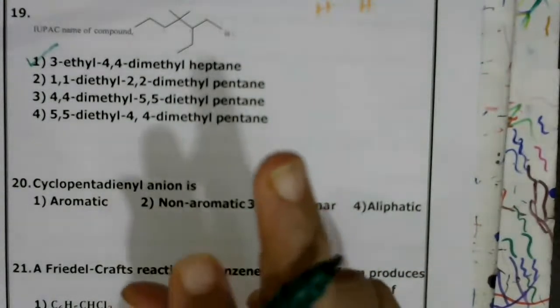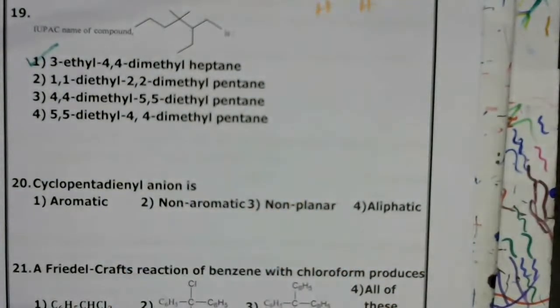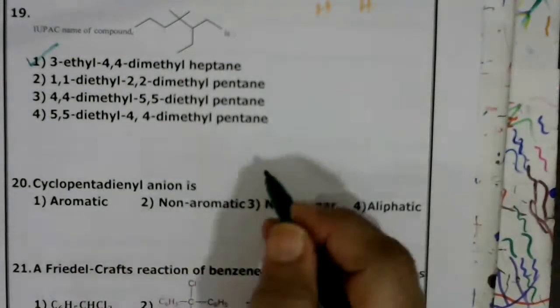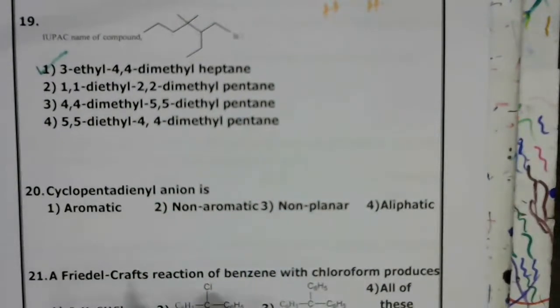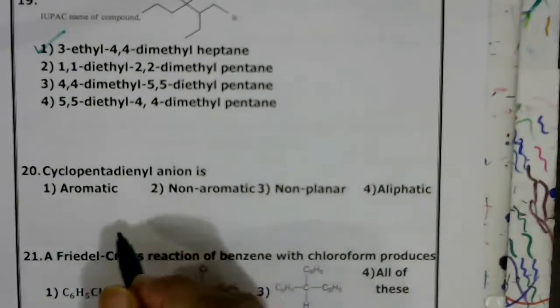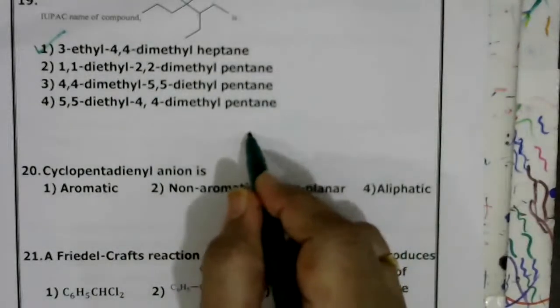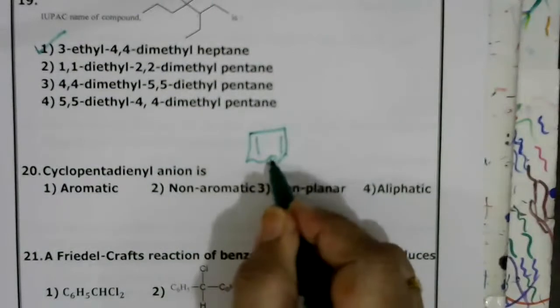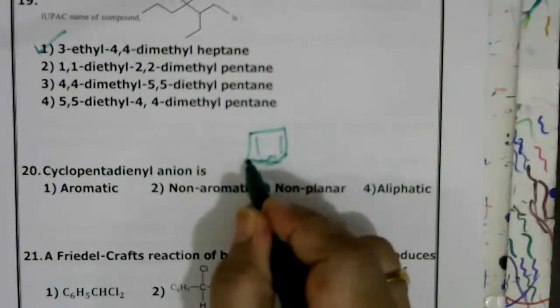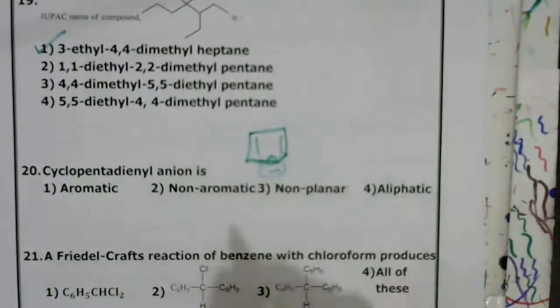Next one. Question number 20. Cyclopentadienyl anion. Yes, whoever have answered, correct. Cyclopentadienyl anion has a negative charge, I'll write it down.